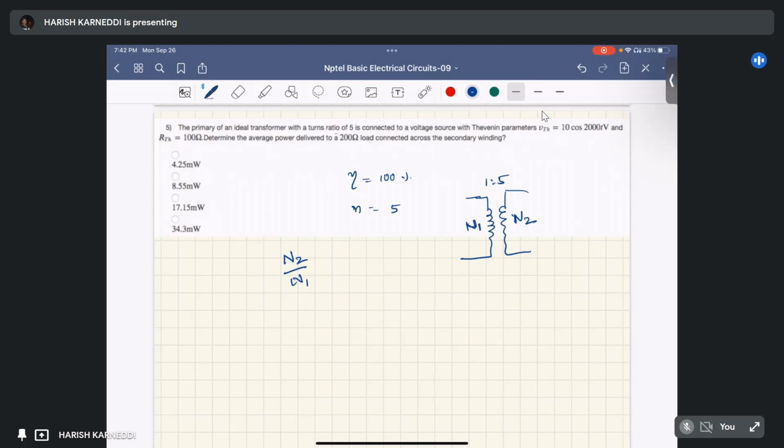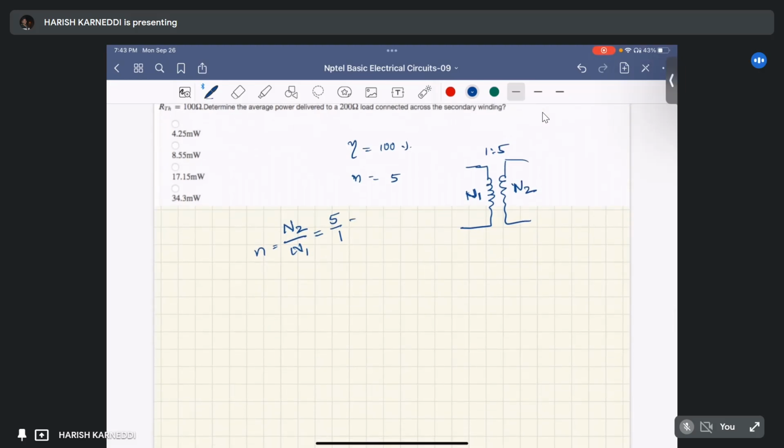Usually transformer turns ratio means N2 by N1. N equal to 5 means V2 by V1 equals I1 by I2, which is the meaning of the transformer turns ratio.